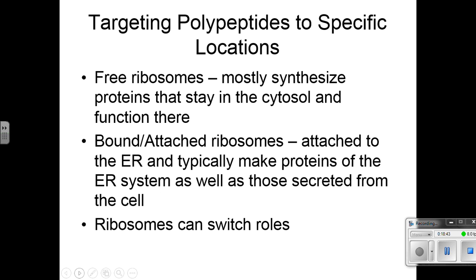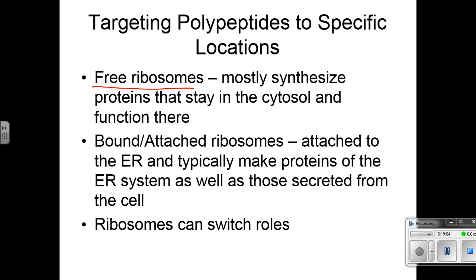Targeting polypeptides to specific locations. Remember this from unit 2, or 3, 2 I think, where we talked about all the different parts of the cell and what they do. The free ribosomes are mostly going to synthesize proteins that are going to stay inside the cell.